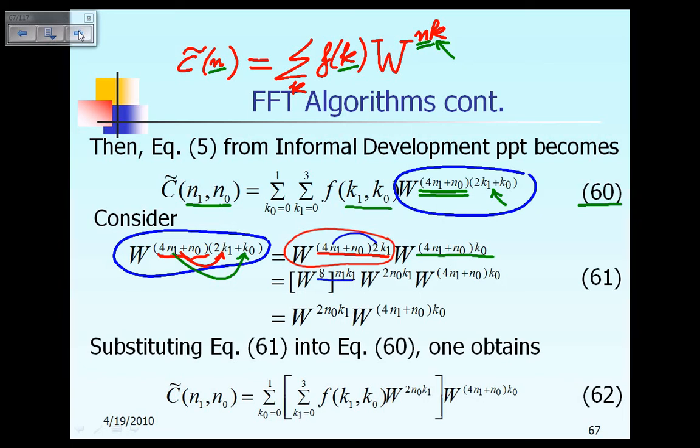Similarly, if you take the term n0 times 2k1, then you will get this term right here, which is 2n0 times k1. The reason we want to do that is because in equation 61, the term that you see in the square bracket, which is w raised to the power 8, I can prove to you very easily should be equal to 1.